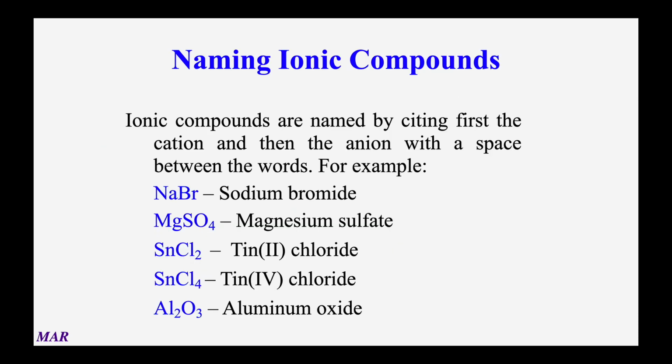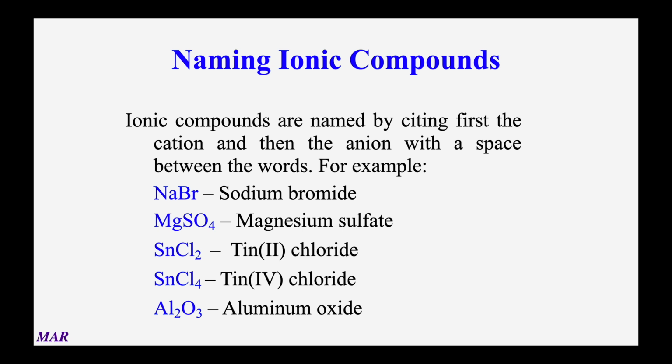To name compounds, you put the name of the cation with a space and then the name of the anion, and the name must reflect the formula, and there are going to be special rules for these kinds of things. Now some of these make sense, and remember the anion gets the -ide ending, so NaBr would be sodium bromide, and that formula makes sense because sodium is a +1 cation and bromide is a -1 anion.